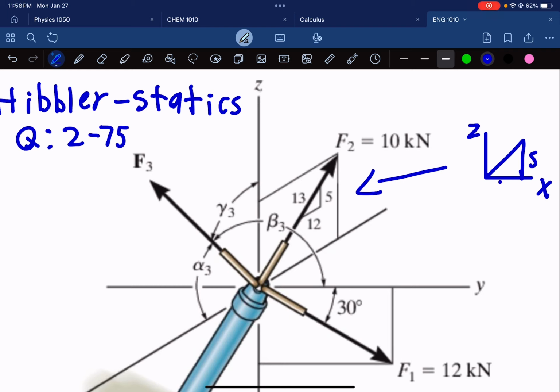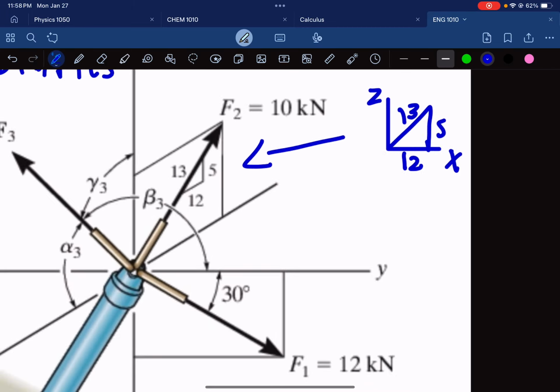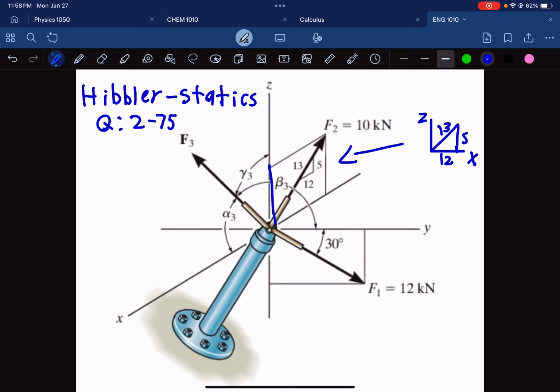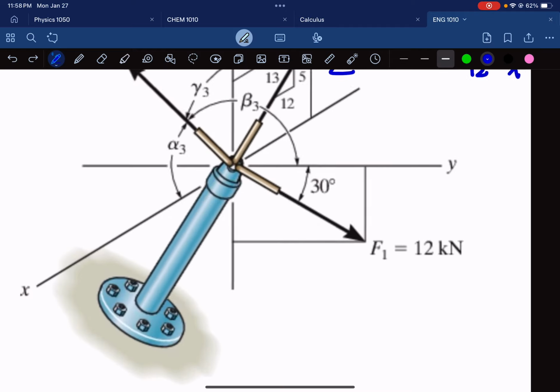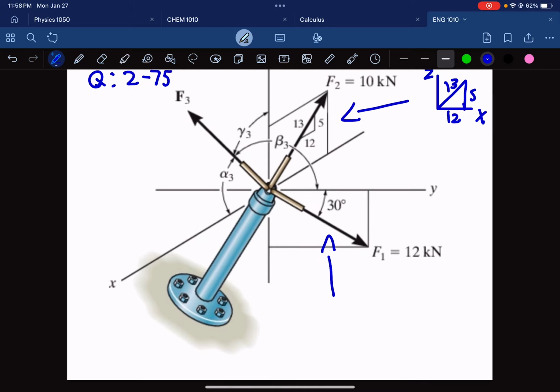We go 5, 12, 13. I like to do this because I feel like it's easier to visualize. This is in the zx plane, you see your parallelogram or whatever. Anyways, that's that. And now F1, as you can see, is in the zy plane.